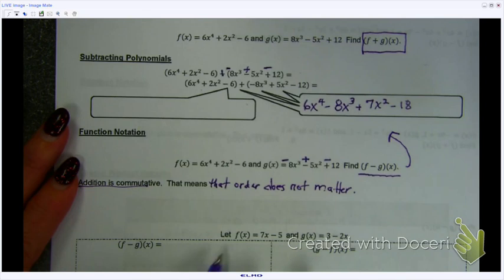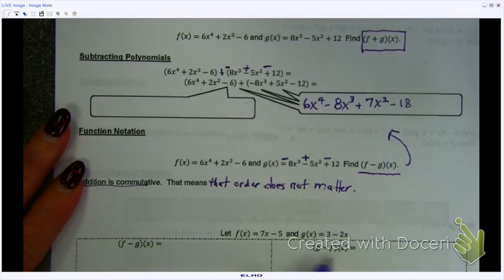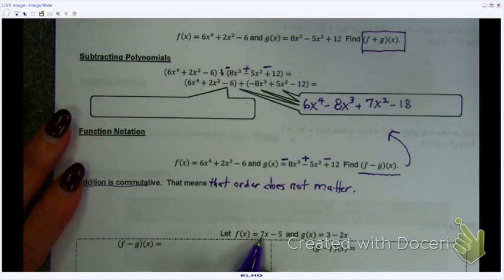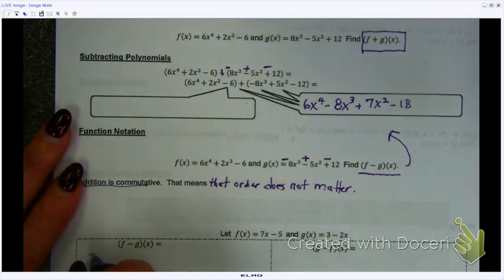So now we have 2 examples to practice. The first one wants us to take f and subtract g. So we're going to have f, which is 7x minus 5, and we're going to subtract all of g, which is 3 minus 2x.